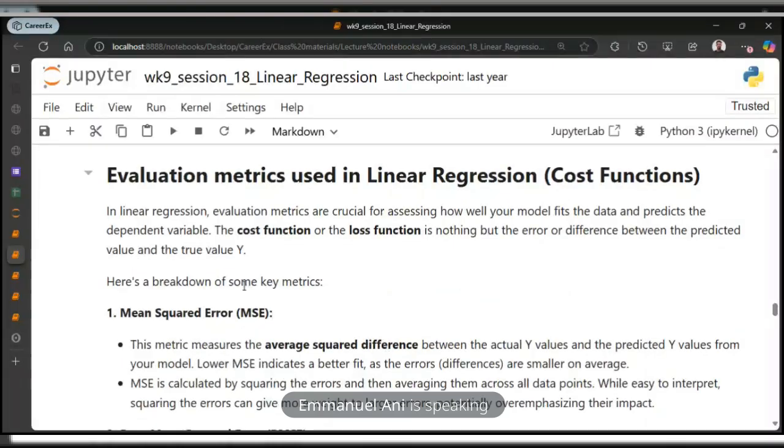We're going to look at the evaluation metrics for assessing our linear regression models.